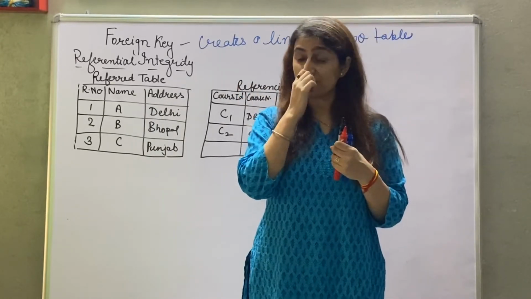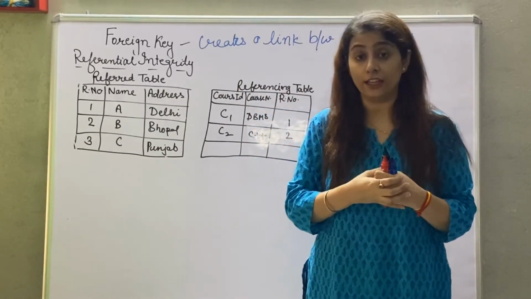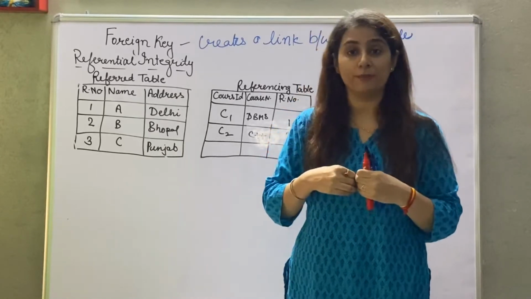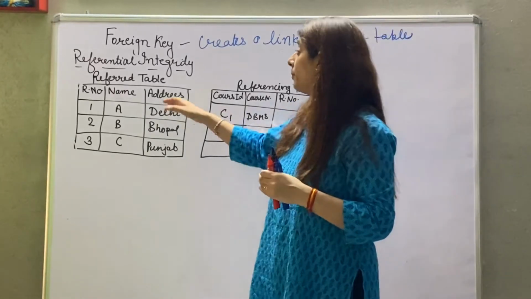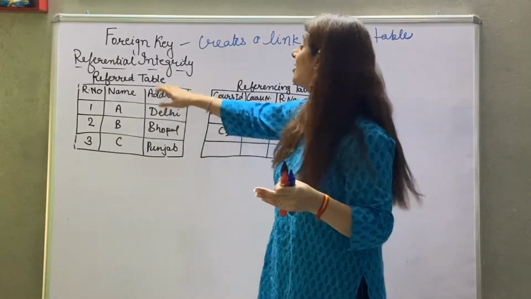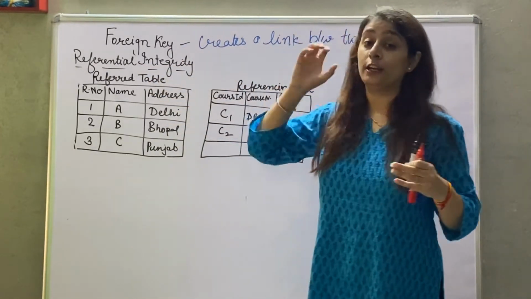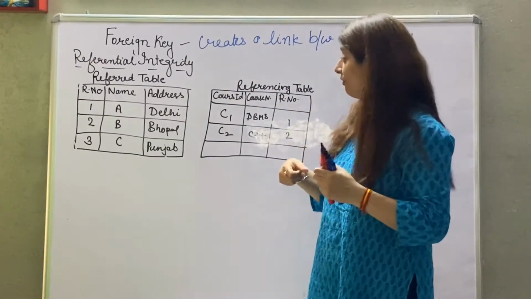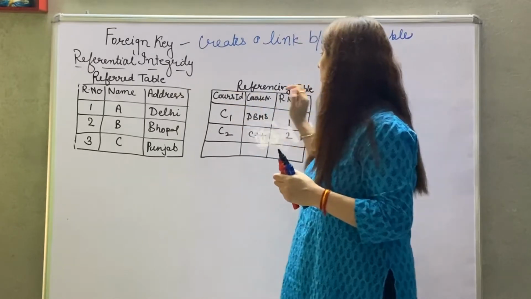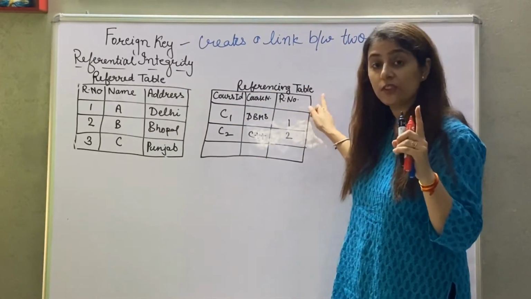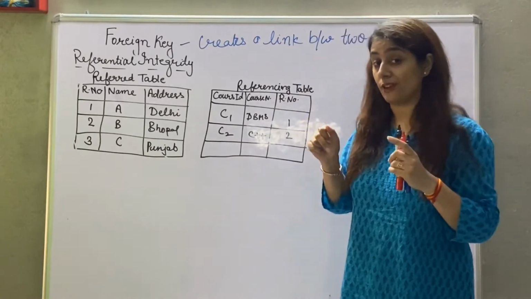To overcome this, we use a foreign key, which helps to overcome such problems. It maintains the integrity of the database. So let's see over here. This is my refer table and this is my referencing table. Clear? I told you in my previous video what the referred and the referencing tables are.